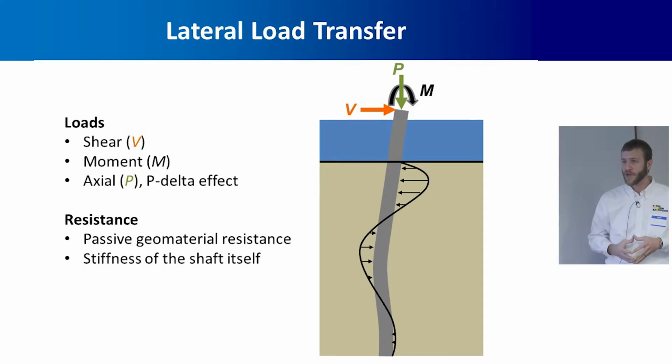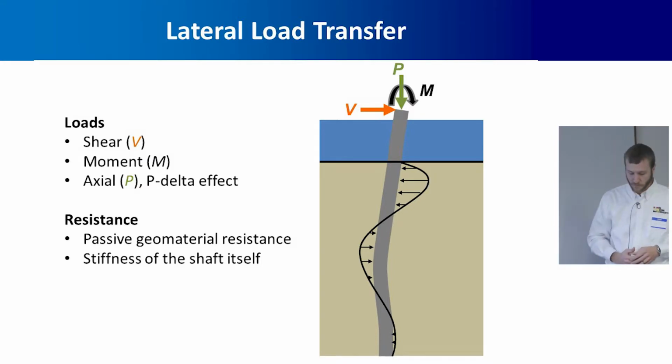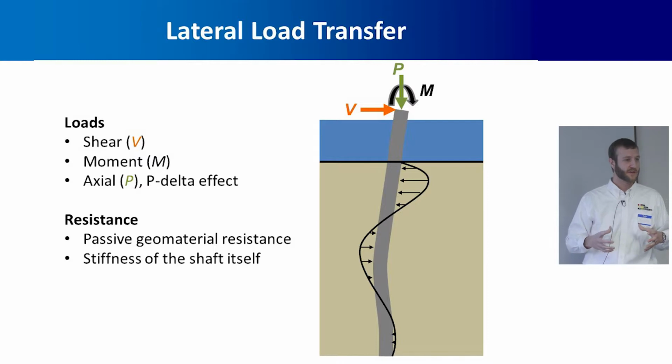The resistance for lateral comes from the passive resistance of the geomaterial. So in other words, just the pushing force of the shaft against the soil or the rock, kind of like the picture with the arrows is showing here, as well as the stiffness of the shaft itself.